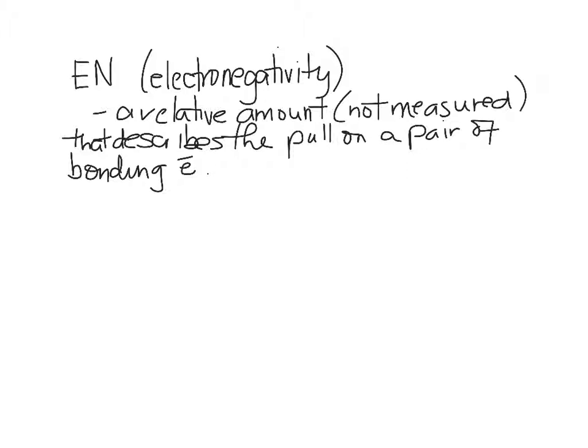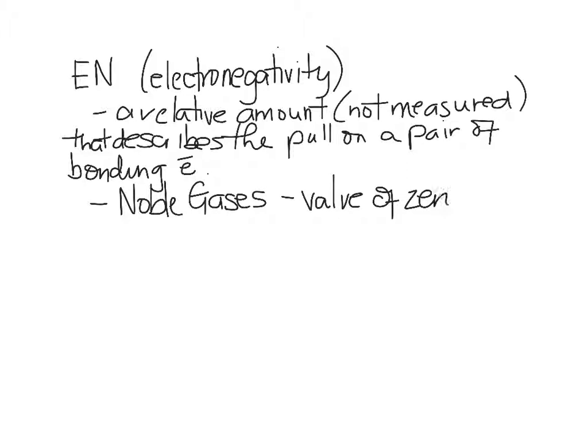So what did you notice about electronegativity values from the graph? Value of 0. Why? Because they're unstable, they don't need to. Yeah, they have full valence shells.